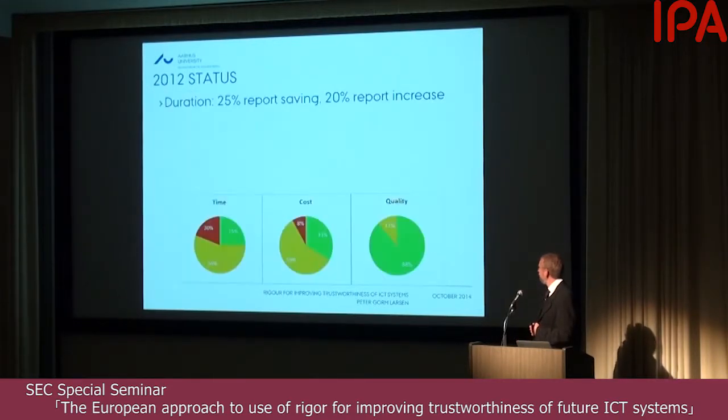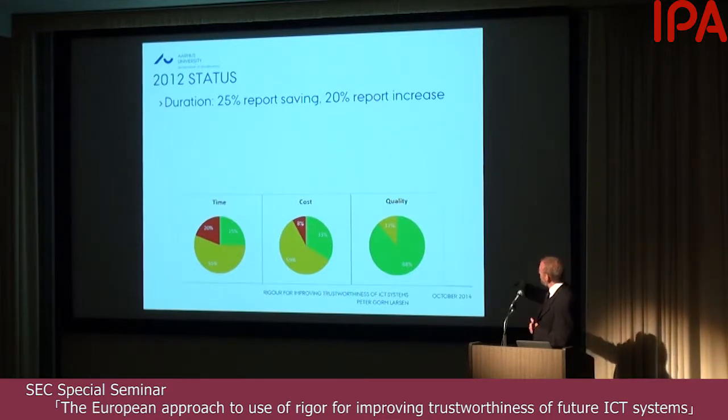If we look at the status in 2012 with respect to time, how long does it take to use it? Do you use more time on it? 20% said that. Do you use the same amount of time? Half of the people did that. And the people who said, well, we use less time, was 25%.